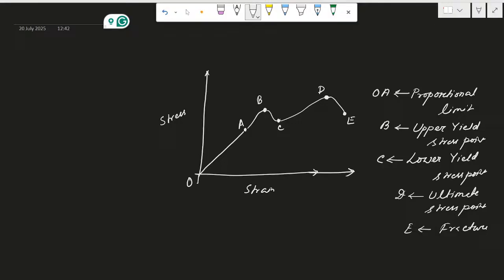So it takes time to break. Correct? So this is the total picture of the stress strain curve. This is also important. Clear?